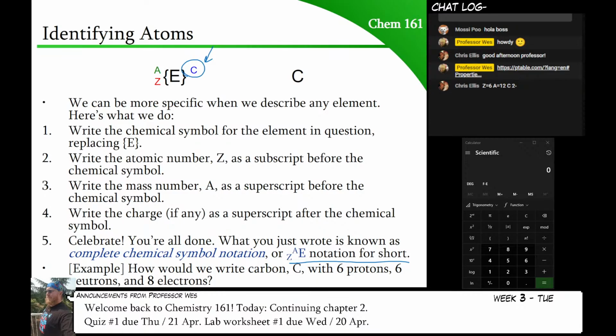There you go. That's good enough for me. So for our carbon atom here, we have 6 protons. So we're going to put a 6 in the front right here. We have 6 neutrons. Remember that the mass number is protons plus neutrons.